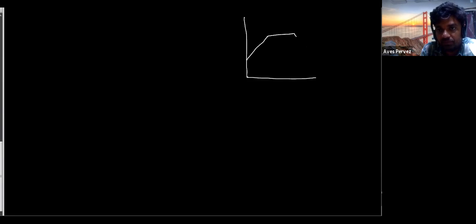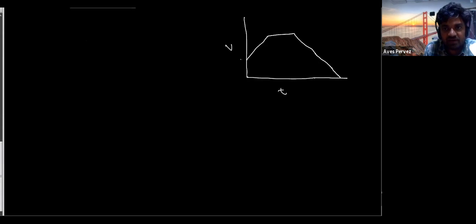This is the velocity time graph. I'm writing here velocity in meter per second and time in seconds.